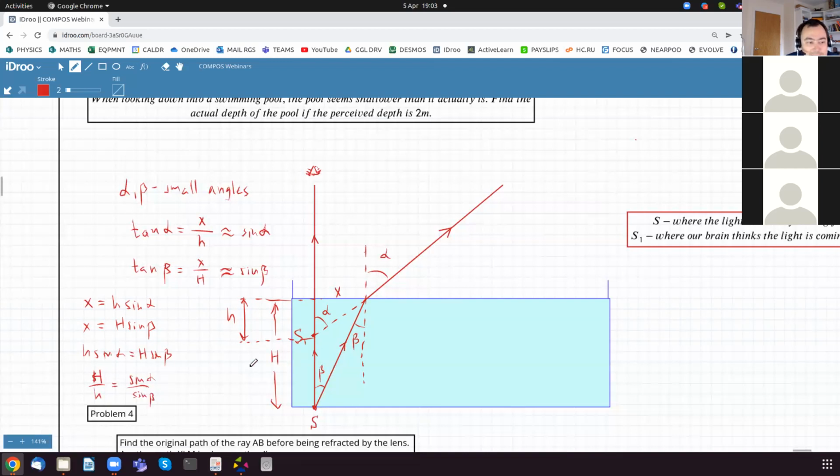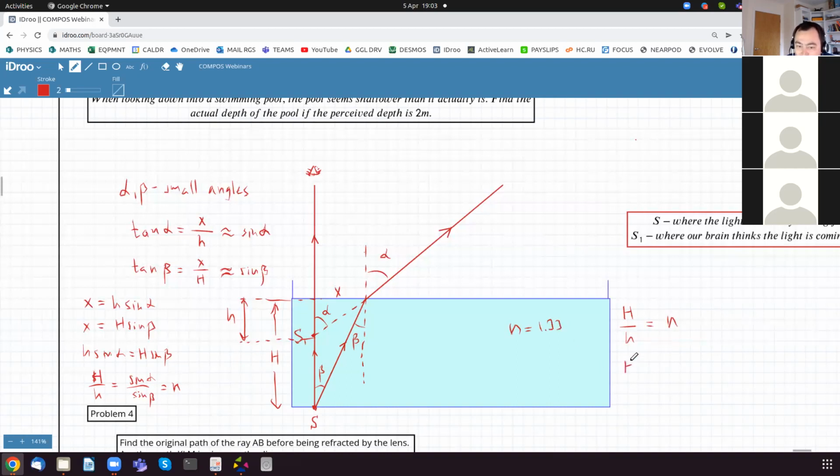But sine alpha divided by sine beta is the refractive index of water. So the actual depth divided by perceived depth is n, the refractive index of water, and we know that it is 1.33.